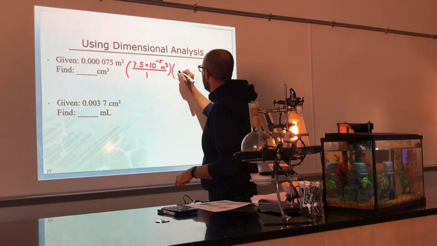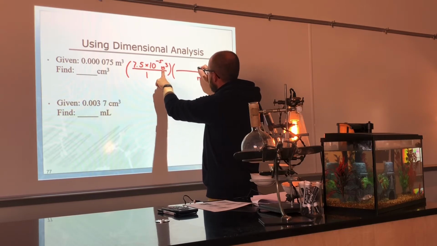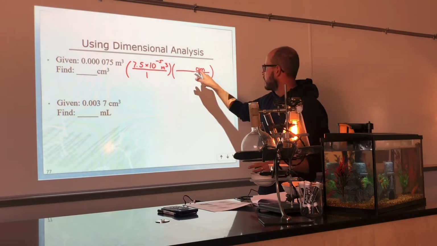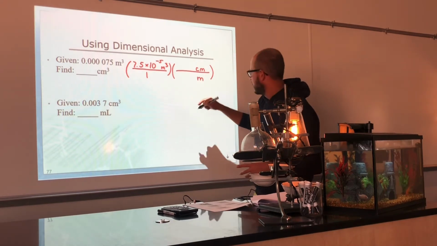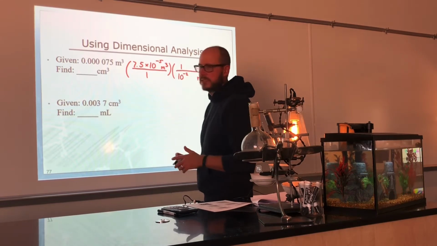Now, I want the cubic meters gone, and I want to go to cubic centimeters. So let's start with what is the relationship between centimeters and meters, and it's this. 1 centimeter is 10 to the minus 2 meters.